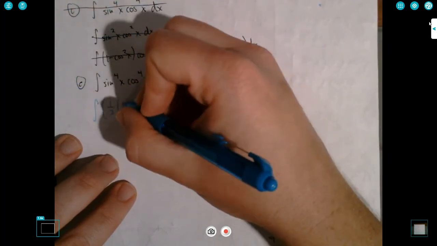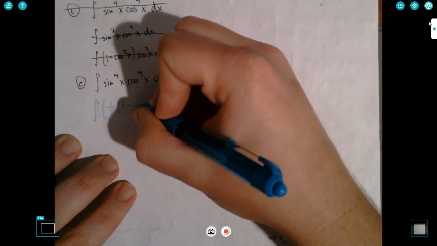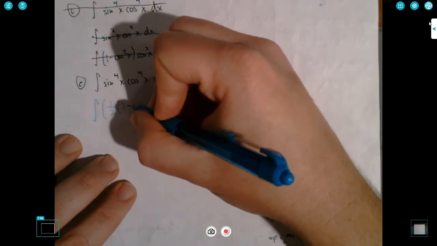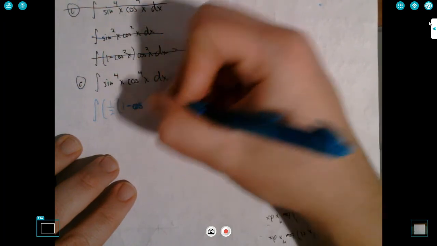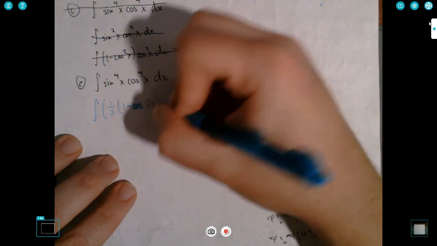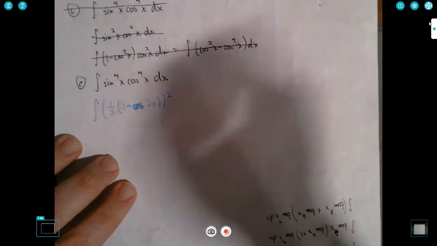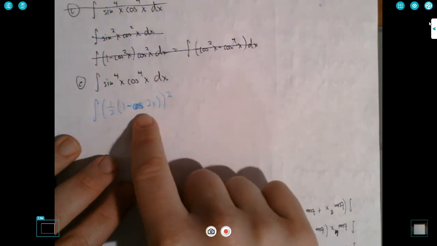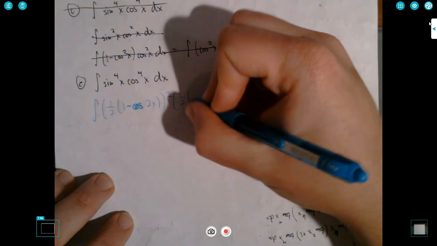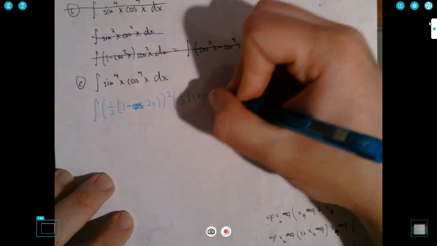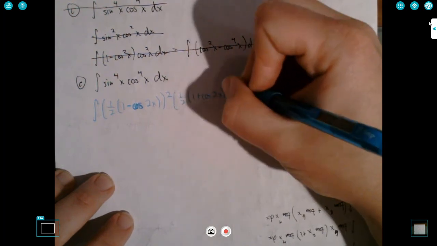1/2 times 1 minus cosine 2x, squared. Right, so there's the power reducing identity for sine. And for cosine, it would be 1/2 times 1 plus cosine 2x, squared.